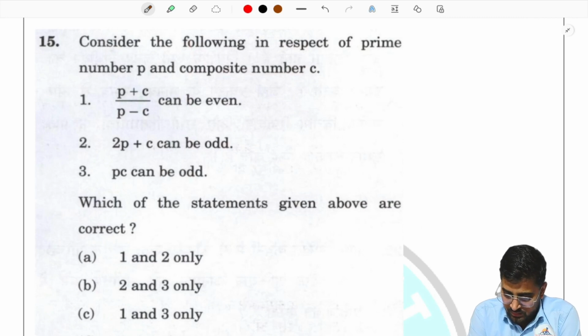Okay. What does the question say? Consider the following in respect of the prime number p and composite number c. This is very much clear that p is a prime number here and c will be the composite number.